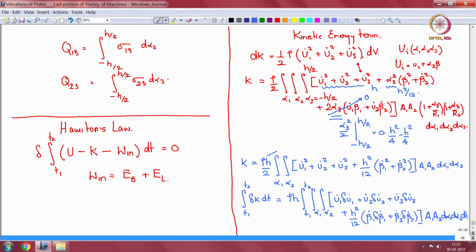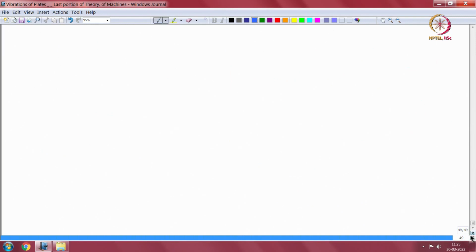So we will take one of these terms now and do a time integral on that. So we will take integral t1 to t2 u1 dot delta u1 dot dt, which we will use the product rule on.